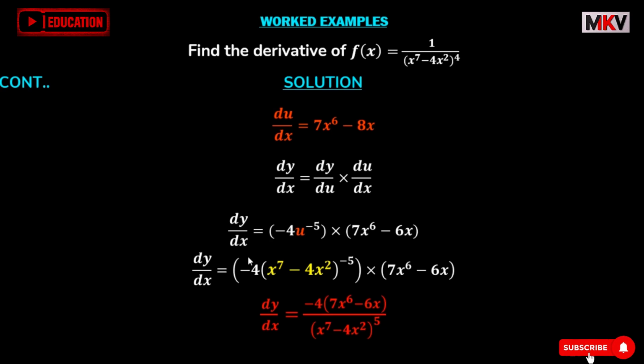So the coefficient and the bracket become the numerator, then the part with the negative exponent becomes the denominator. So take note of how we change the final answer into the fraction form. So this is how we use the chain rule to find the derivative of such functions.